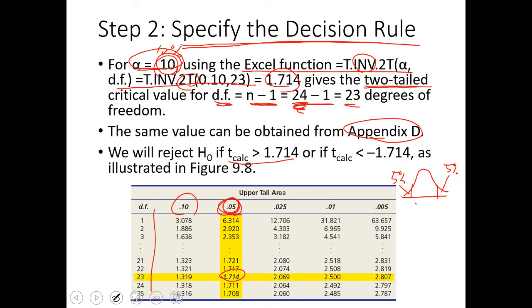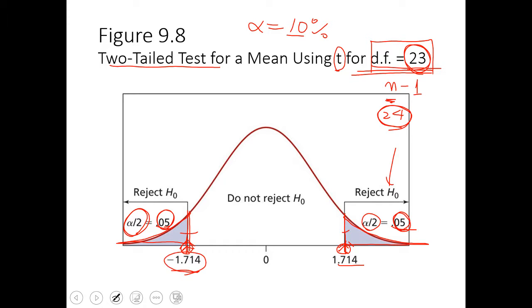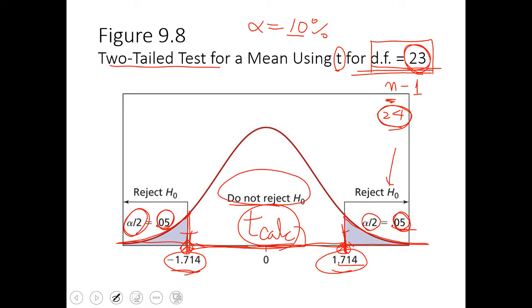So if we select minus 1.714 and 1.714, and our t statistic is located between these two numbers, then we do not reject the null hypothesis.